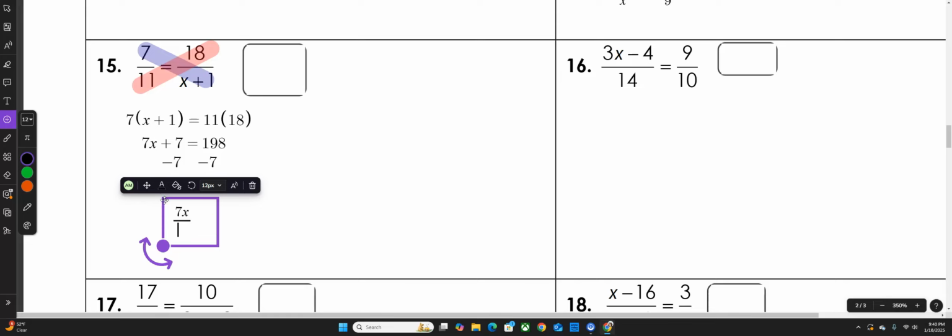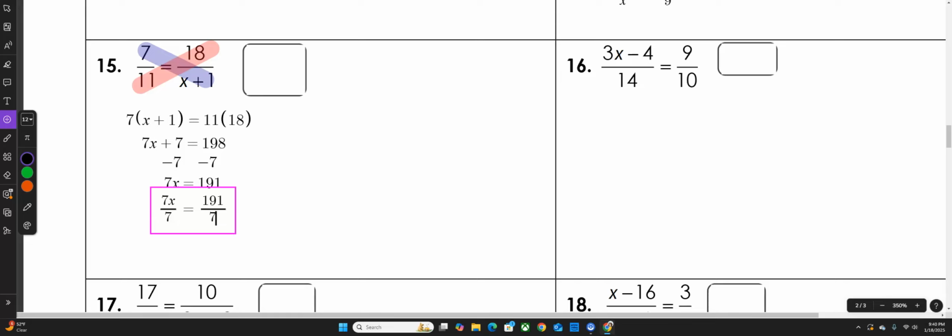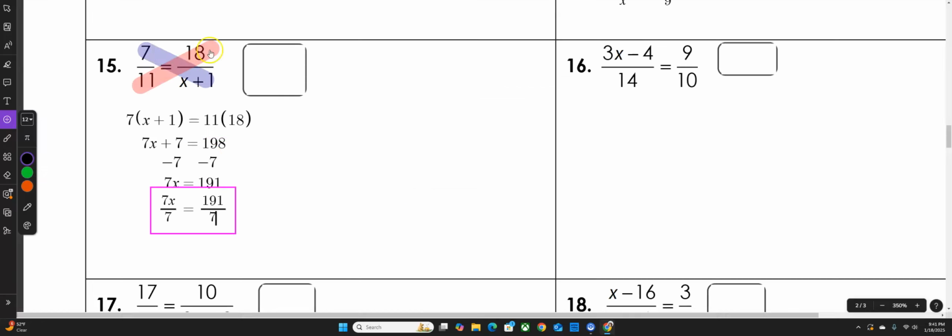Divide both sides by 7. Which, since 191 divided by 7 is irrational, we're going to leave it as 191 over 7 so that it becomes an exact answer.